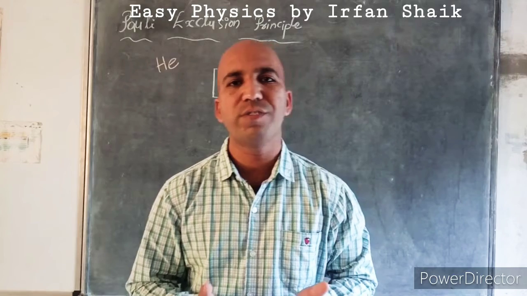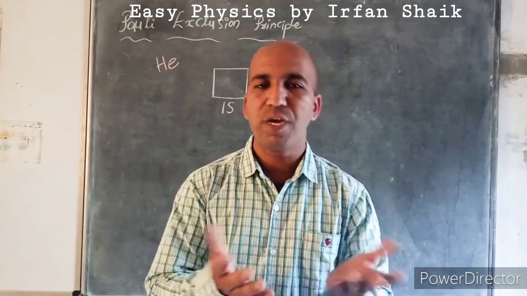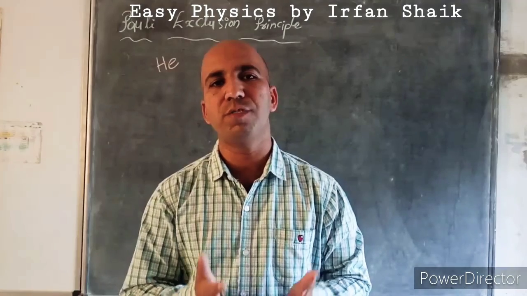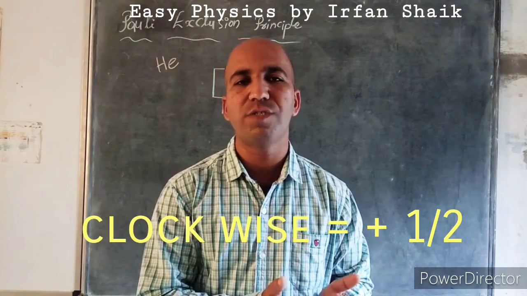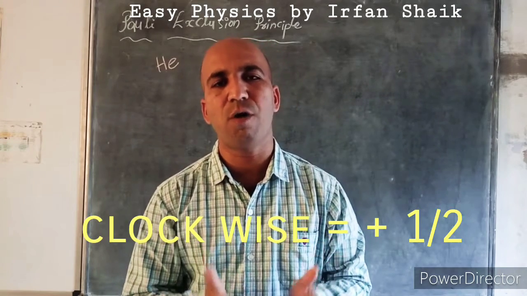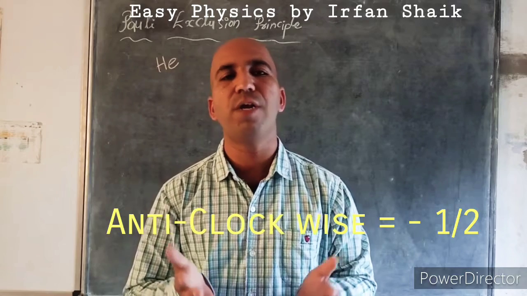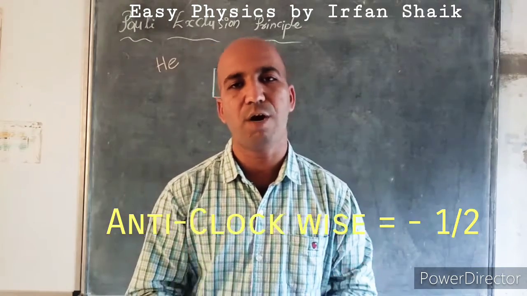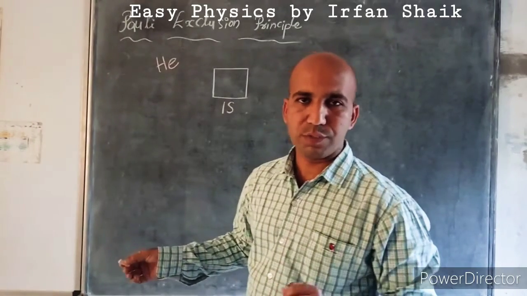One is clockwise direction and the other is anti-clockwise direction. We also discussed the values of the spin quantum number, ms. If it is in clockwise direction, its value is plus half. If it is in anti-clockwise direction, its value is minus half. Here, helium contains 2 electrons.